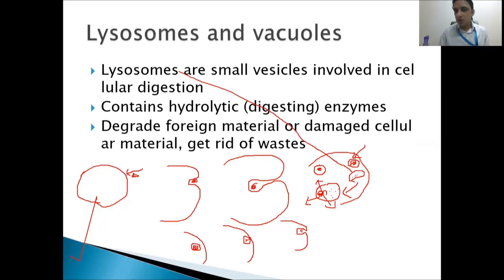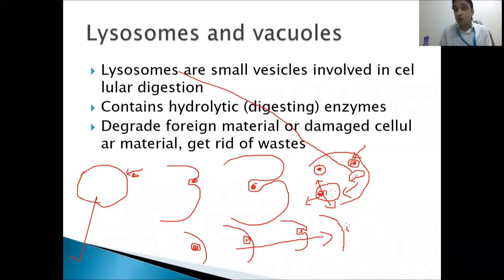This process is entirely the reverse of endocytosis, and the waste product is then expelled outside the cell like this. This mechanism is called exocytosis, sending things outside. The two are the same but in the reverse way.